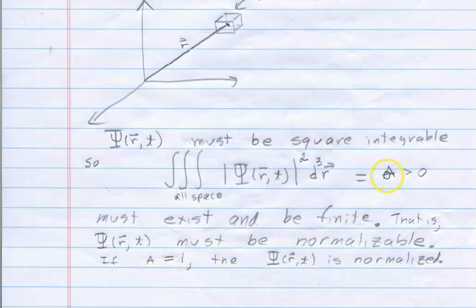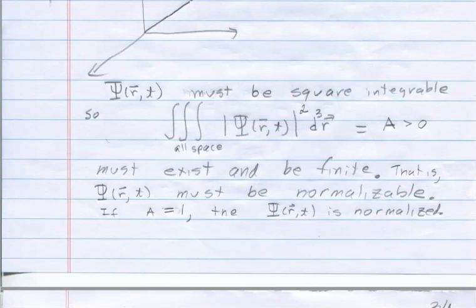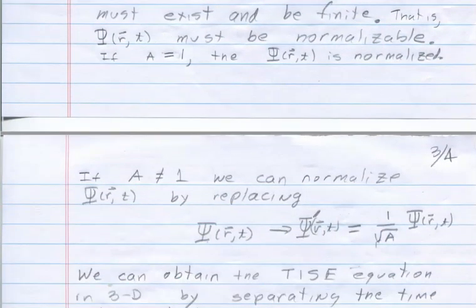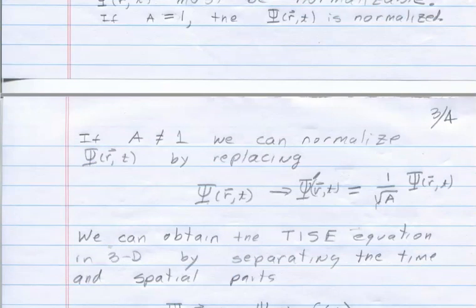If this A happens to be 1, integrated over all space of psi squared, then psi is normalized. On the other hand, if it's not equal to 1, we can always normalize psi by replacing psi by 1 over the square root of A times psi. And then psi prime would be the normalized psi.